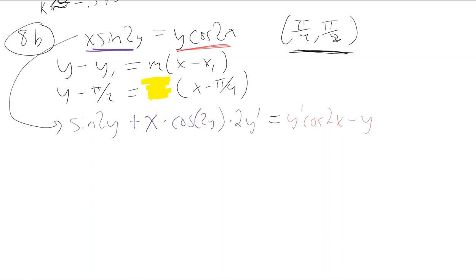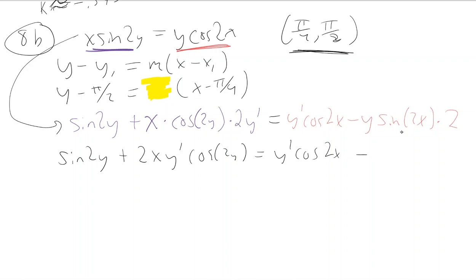Derivative of cosine something is negative sine something. 2x is the inside piece of this, so we need to multiply by the derivative of the inside too for chain rule. Okay, so over here, 2xy prime cosine 2y. Over here, y prime cosine 2x minus 2y sine 2x.